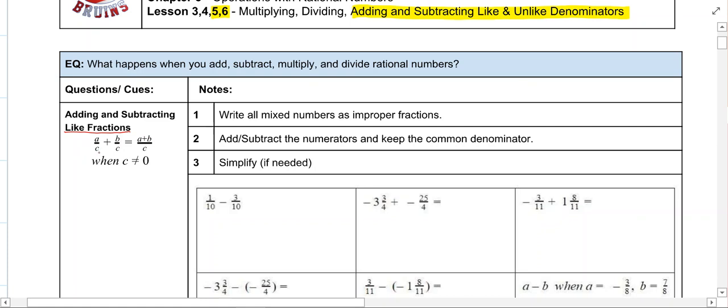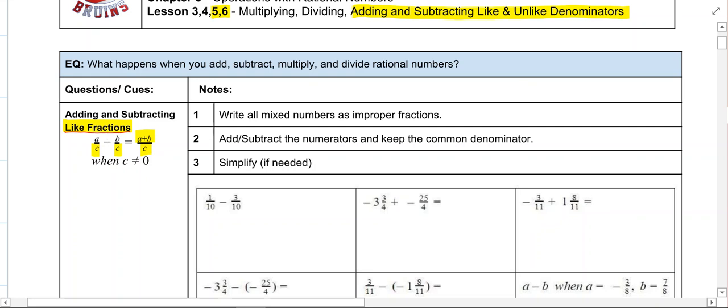If A over C is added to B over C, you notice that the denominators are the same. When the denominators are the same and you are adding and subtracting, then you are adding and subtracting like fractions. And that makes it easy. All you do is you bring your like denominator over here, and then you add the top. A plus B is A plus B, and that is your answer.